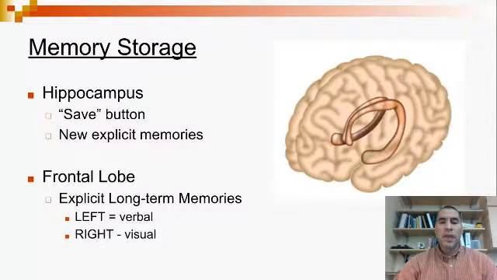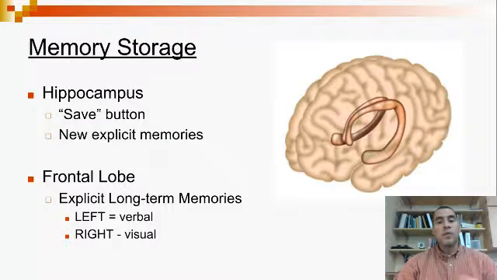These are memories, again, that are explicit. We must have a conscious effort to form them, a conscious effort to recall them. We should also remember from Unit 3 that the left hemisphere of our brain tends to be more verbal, the right hemisphere more visual.